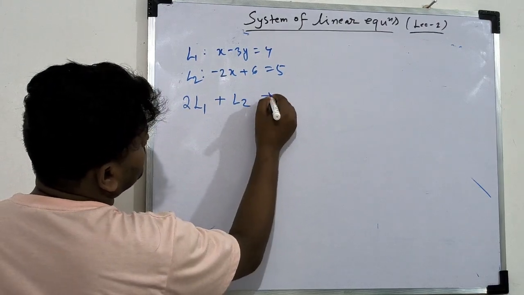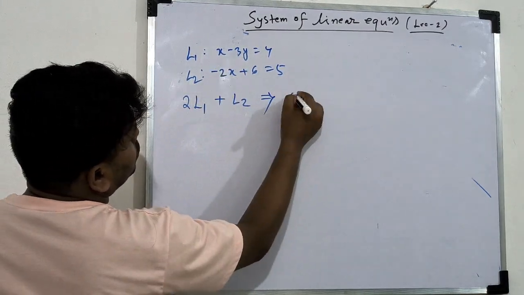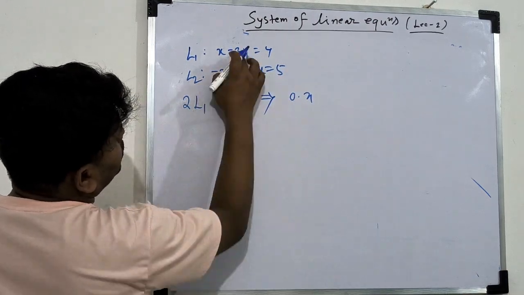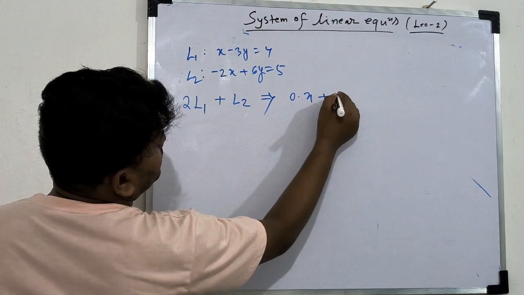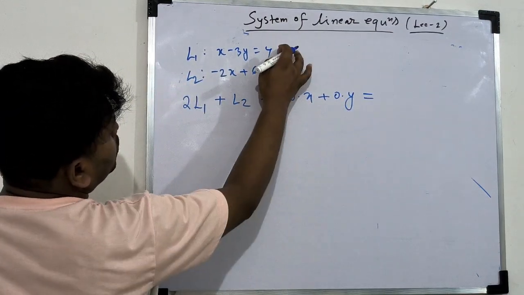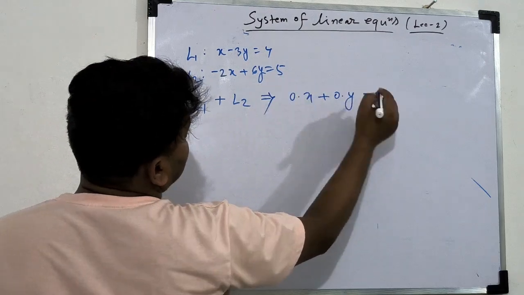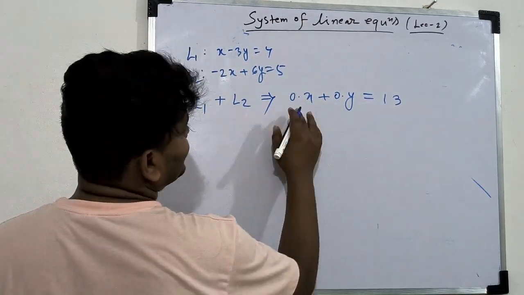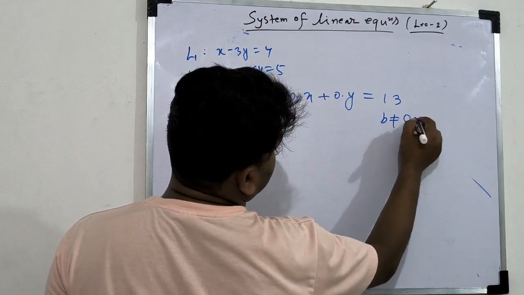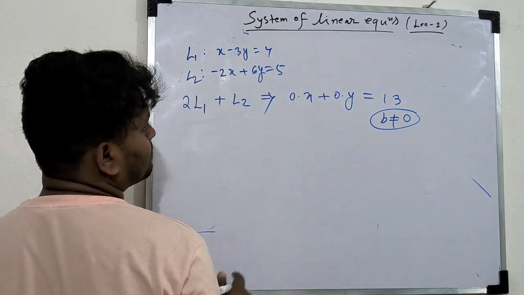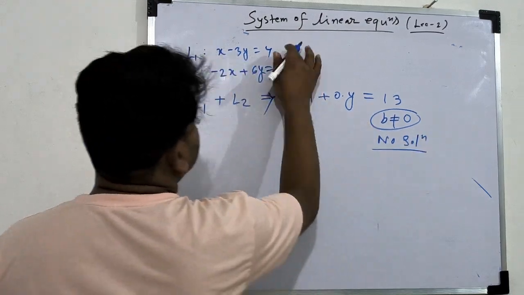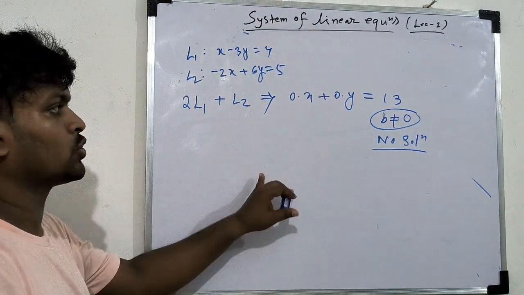By this operation we get 0 into x, so x will cancel, and minus 6y plus 6y, that is 0 into y, and this will be 8 plus 5, that is 13. So this is a degenerate equation where b is not equal to 0. We know when b is not equal to 0, no solution exists. So this system of two linear equations has no solutions.